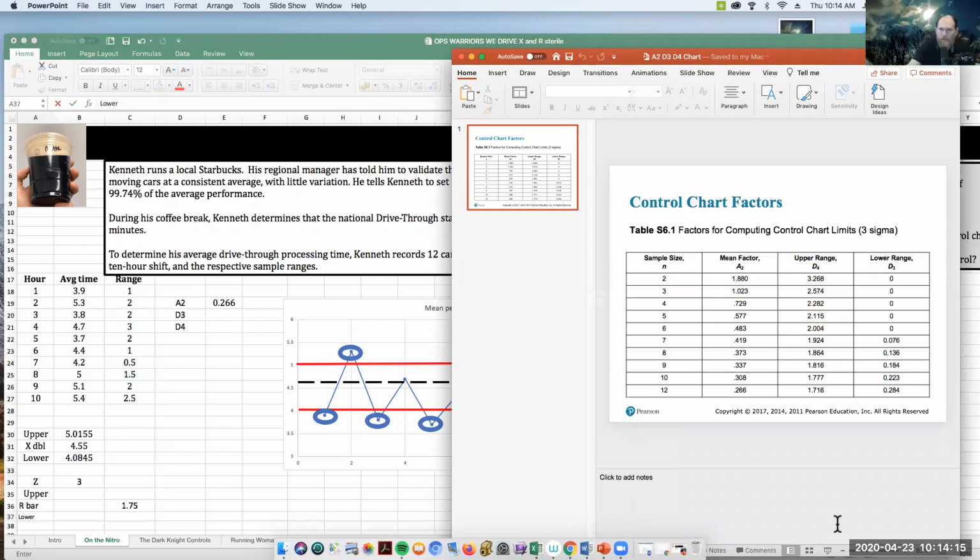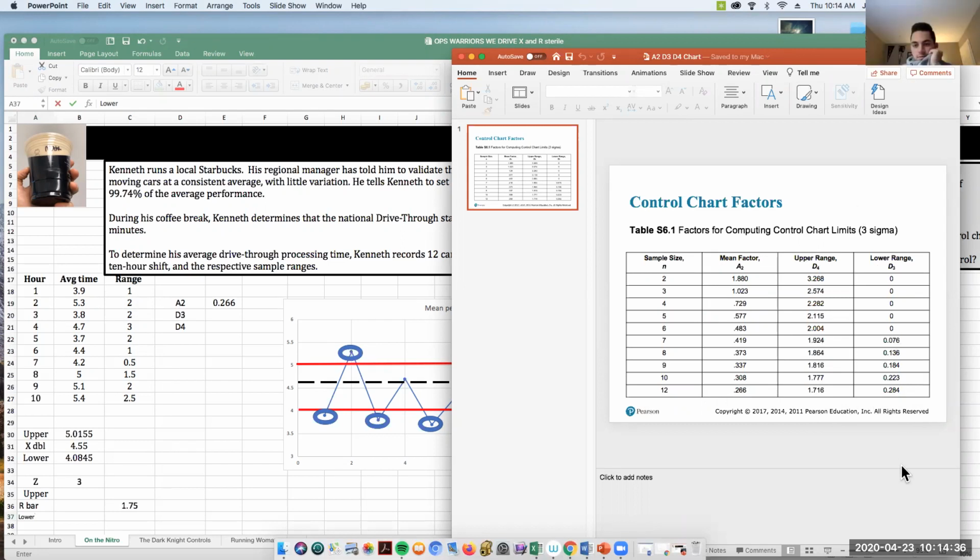All right, so I have my handy dandy chart, and Kyle, which row do I pick from to figure out D3 and D4? The right two. The right two? Yeah. Okay. Which one specifically?